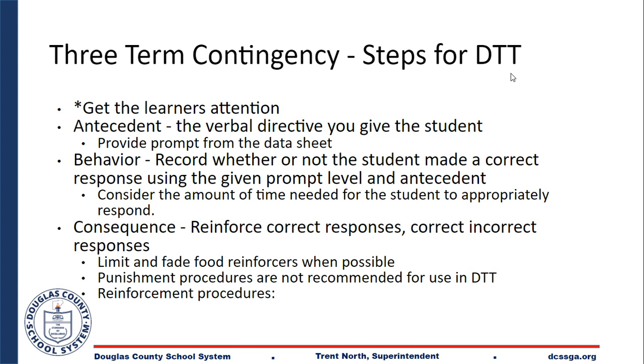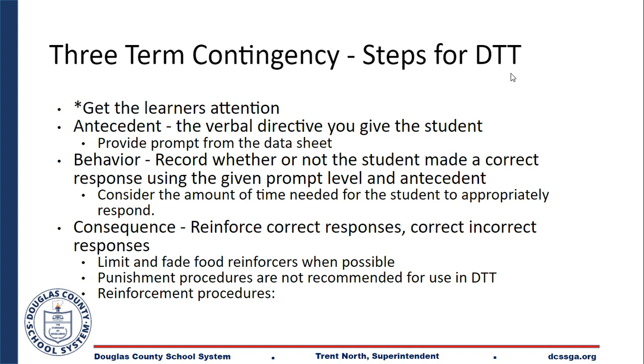Some thoughts about reinforcers. I always try to limit and fade food reinforcers when possible. One, because food costs money and it's not something that can be reused over and over, but also we want to work on building the student's intrinsic motivation over extrinsic motivations as much as possible.